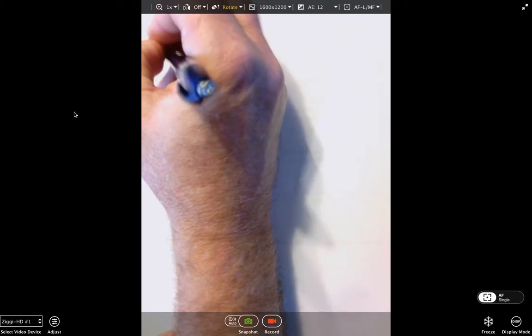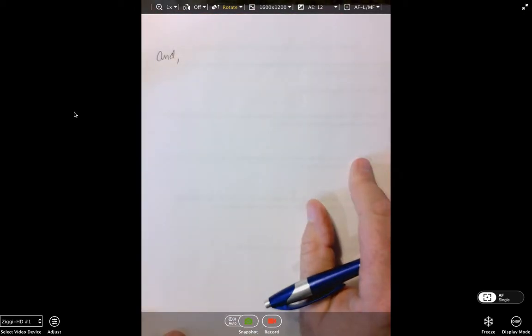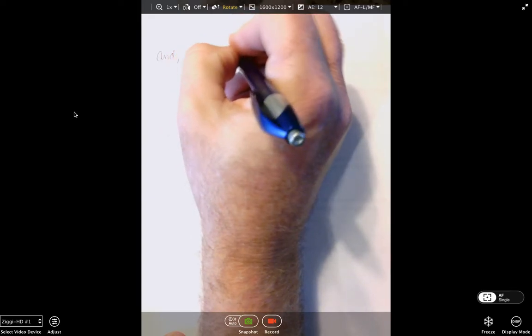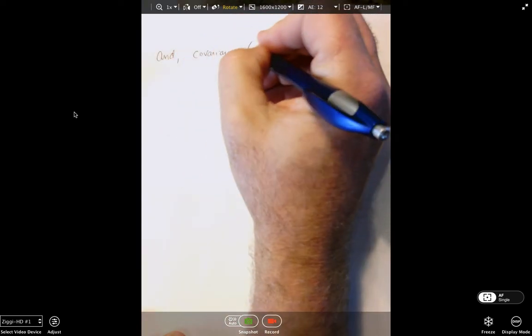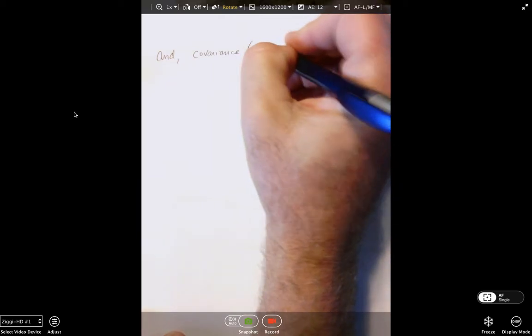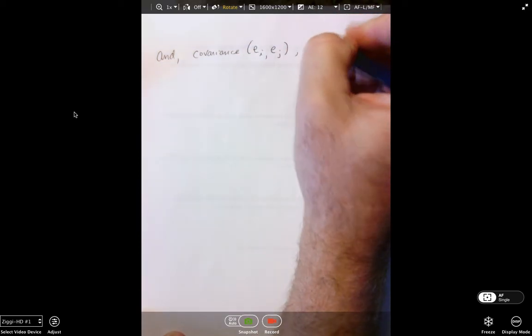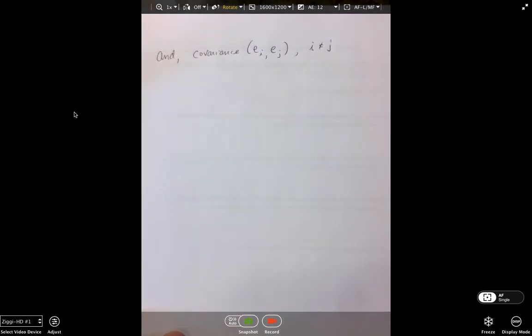And we can say that the covariance between error i and error j, where i obviously isn't equal to j. If we have i equal to j, then we have just the variance.